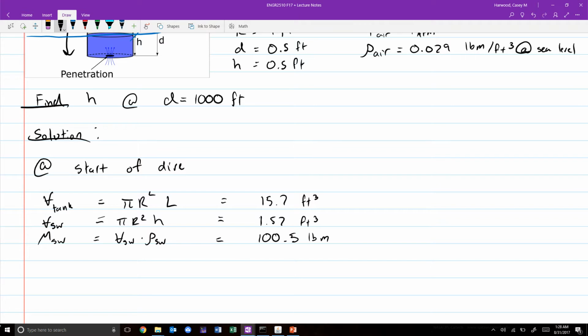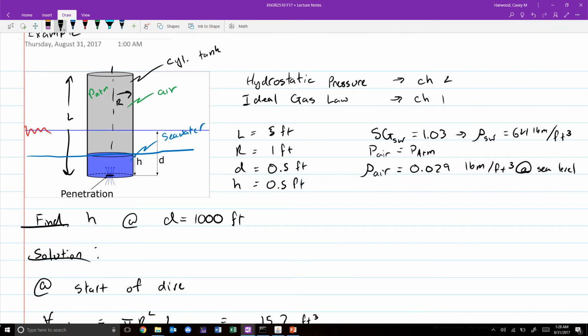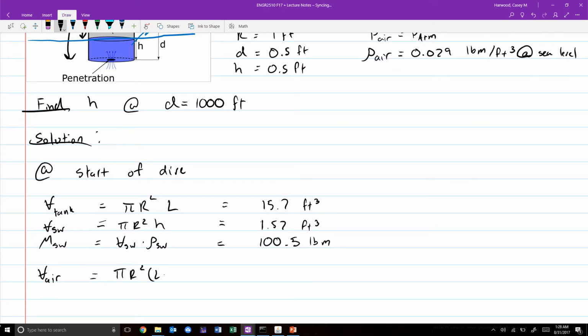All right. We can also compute the volume of air contained within the tank, which is going to be pi r squared times the height of this cylindrical plug of air from here to here, which is going to be L minus H, which yields 14.4 cubic feet.